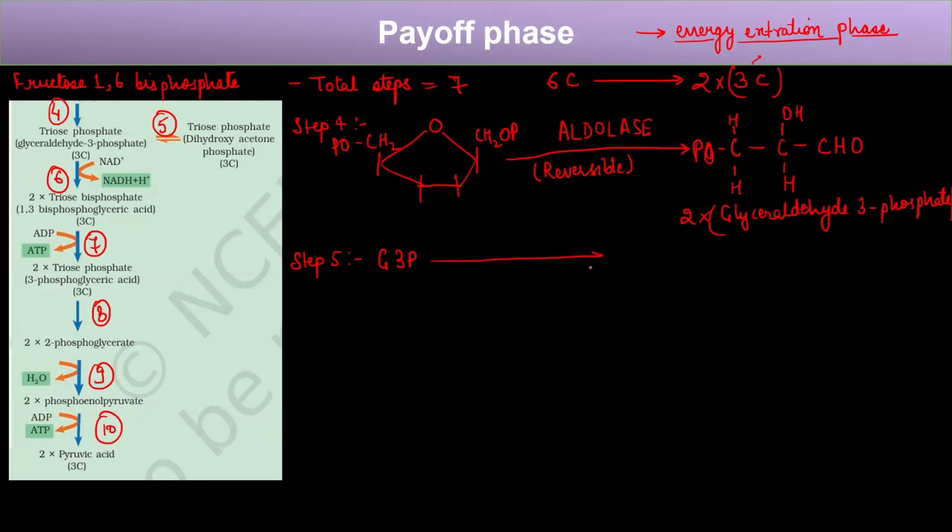It is unstable and it undergoes isomerization to form another triose phosphate, that is dihydroxyacetone phosphate.